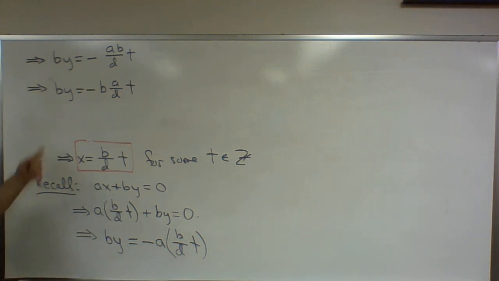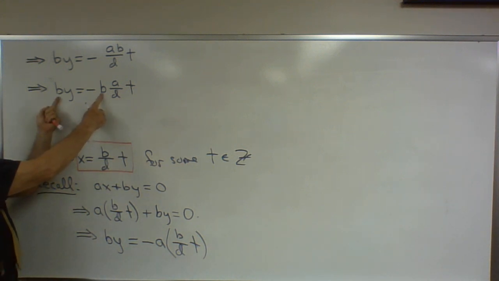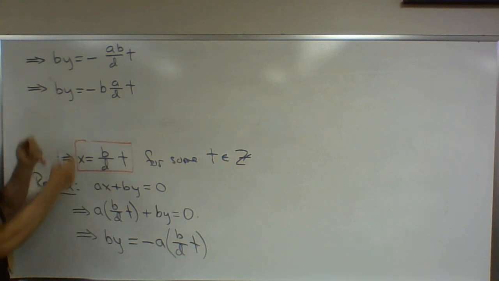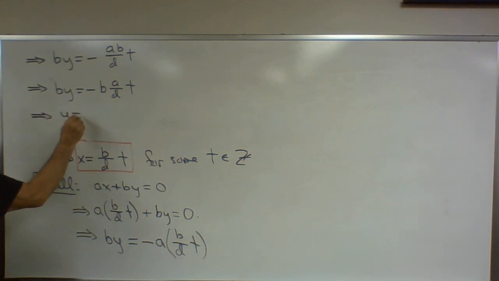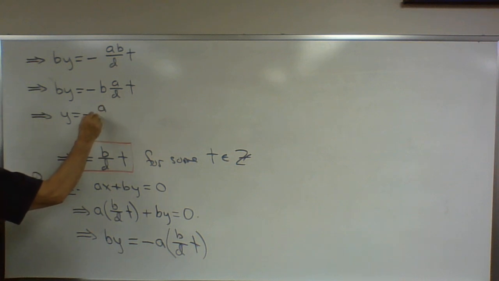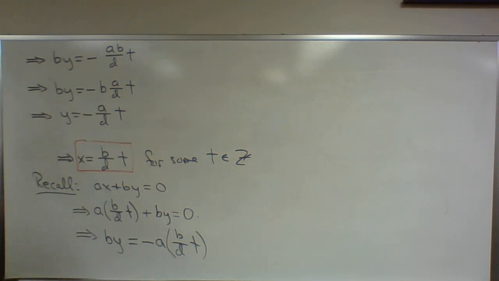And now it hits us right between the ears. There's a common divisor on both sides, b. And b is non-zero, so we can divide. And that tells us that y is equal to negative a over d t, which is exactly what we wanted.